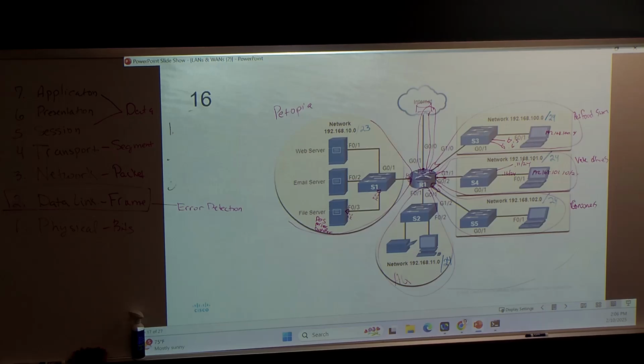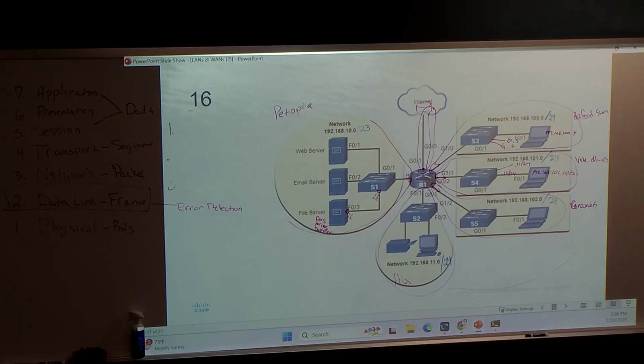How many broadcast domains do we have up there? Okay, show of fingers. How many broadcast domains? Yeah. Okay. What determines the start of a broadcast domain? The default gateway.